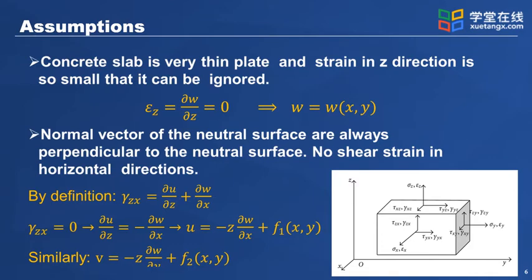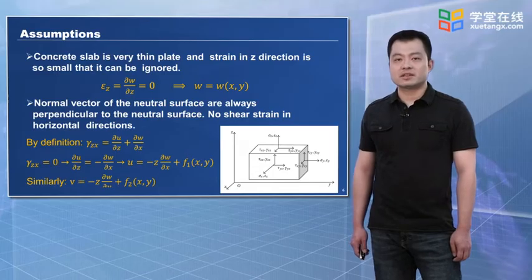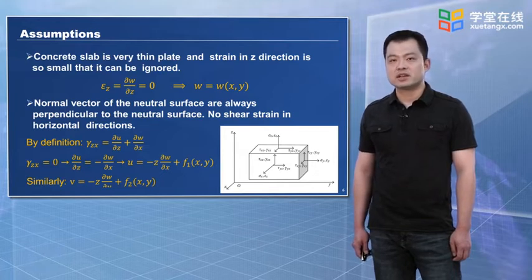In the following slides, there are a lot of equations. I will try my best to make them simple. Concrete slab is a very thin plate, and the strain in z direction is so small that it can be ignored. Using an equation to illustrate this idea is shown here.